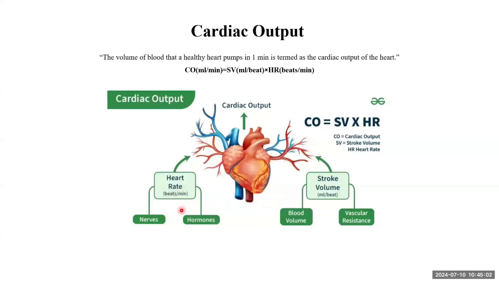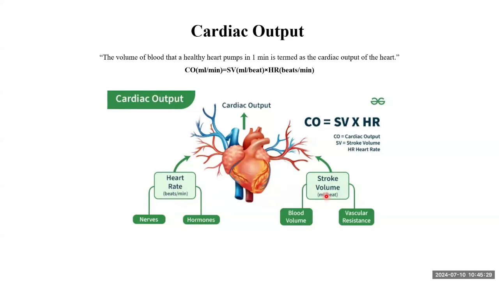Then there are hormones. There are certain steroid hormones that make our blood pressure go higher, but there are other hormones as well that relax the peripheral arteries and allow the blood to circulate more, and it reduces the blood pressure. Then there is stroke volume, which means the amount of blood per beat or per contraction.